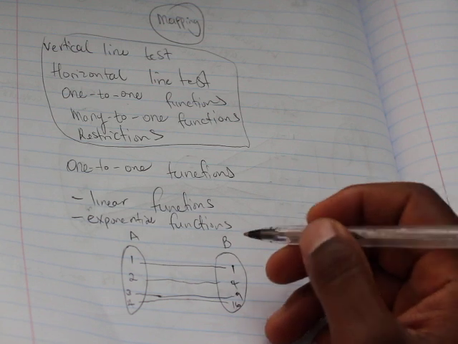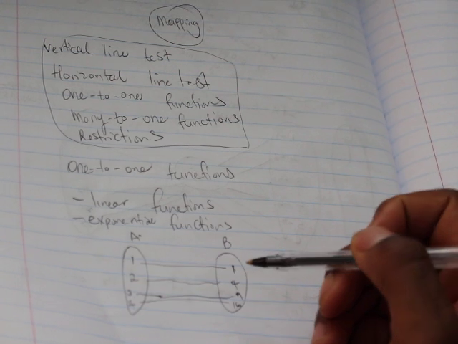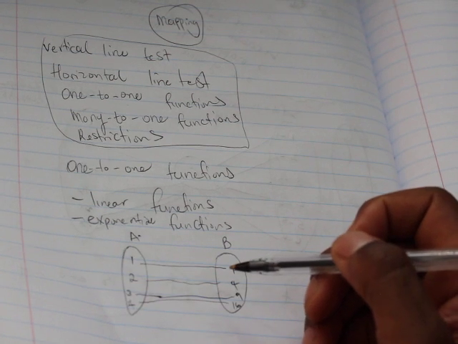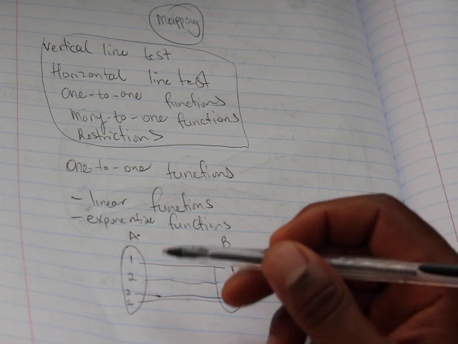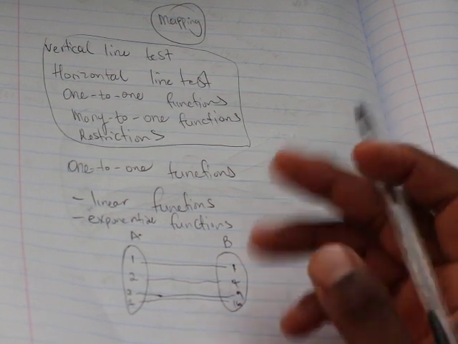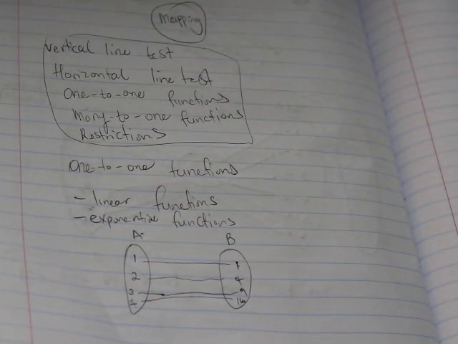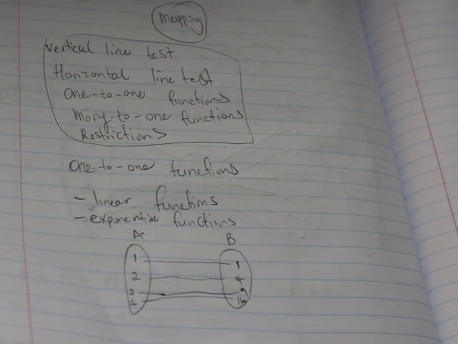So there's no such thing whereby you've got two elements in A being linked to only one element in B, or maybe three elements in A being linked to one element in B, and so on. So that's a one-to-one function. Those are straightforward functions, not so complicated.